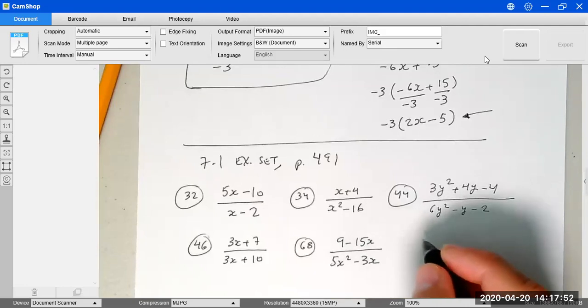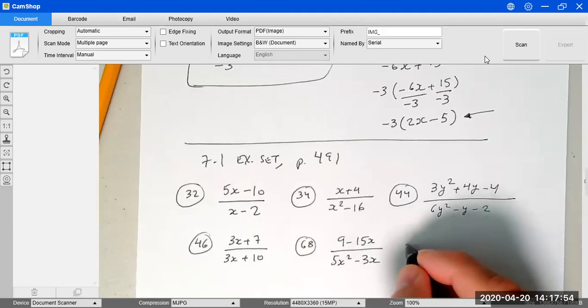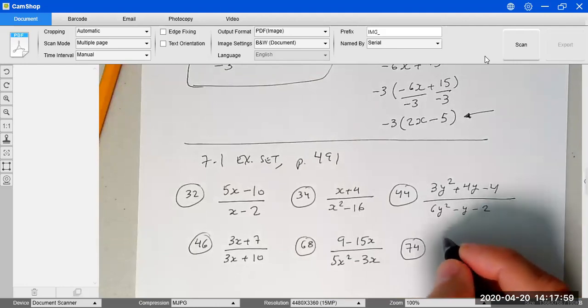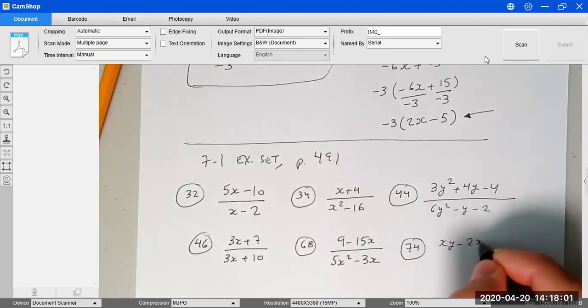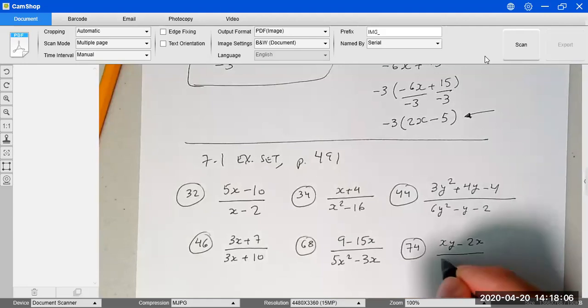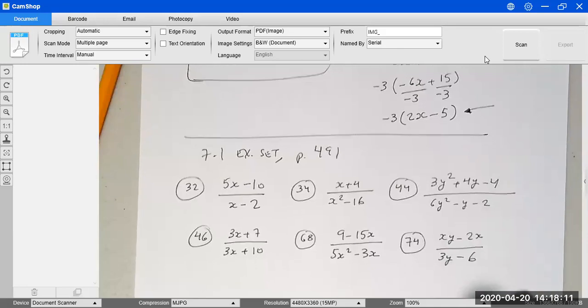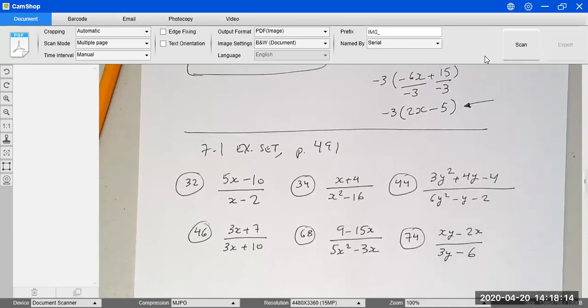And finally, we're going to solve problem 74. Problem 74 is xy minus 2x over 3y minus 6. So solve these problems, send me your solutions by using the chat box or later by sending your files through the corresponding Canvas assignment.